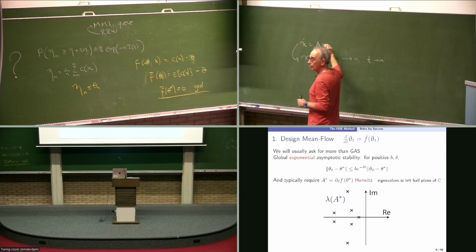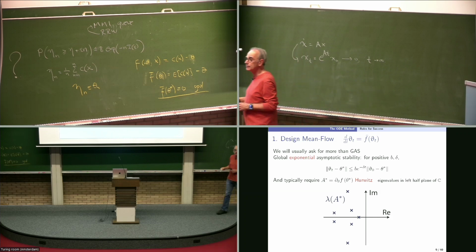If you look at the linear system, its solution is a matrix exponential times the initial condition, right? And Hurwitz means that this goes to zero exponentially fast.